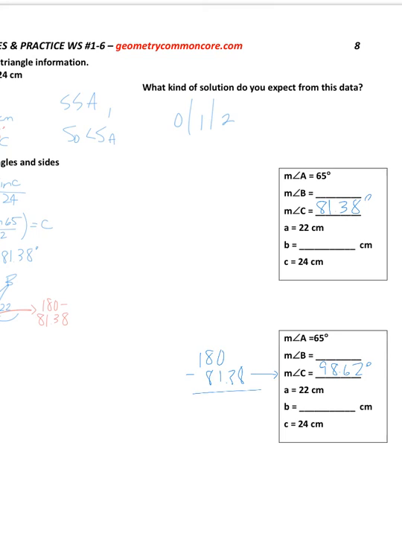98.62 degrees. And then from here, solve for the measure of angle B. So do 180 minus the given 65 minus the 81.38, and do 180 minus the 65 minus the 98.62 to get the different values of B. If you solve that correctly, you'll get 33.62 degrees for the top triangle and 16.38 degrees for the bottom triangle.